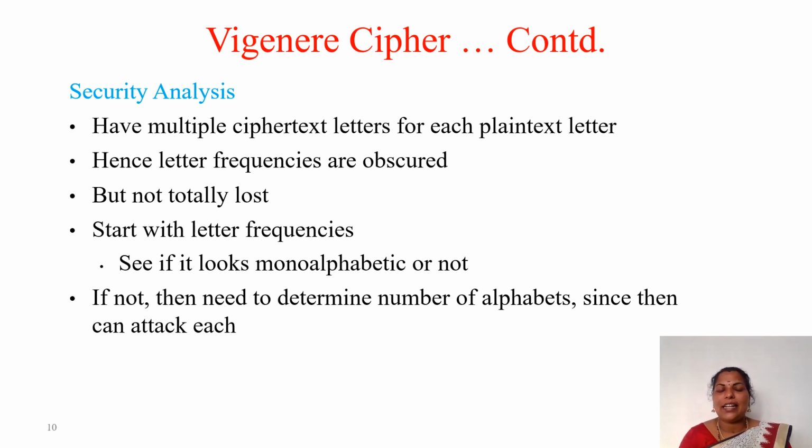Here, start with the letter frequency and see if it looks monoalphabetic or not. If not, then determine the number of alphabets. Then we can perform an attack on the cipher or crypto system. All the ciphers are vulnerable to some form of attack, but how long the attacker takes to break the crypto system, that matters.